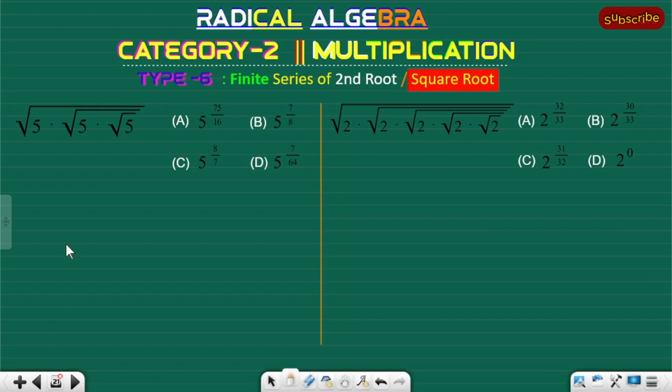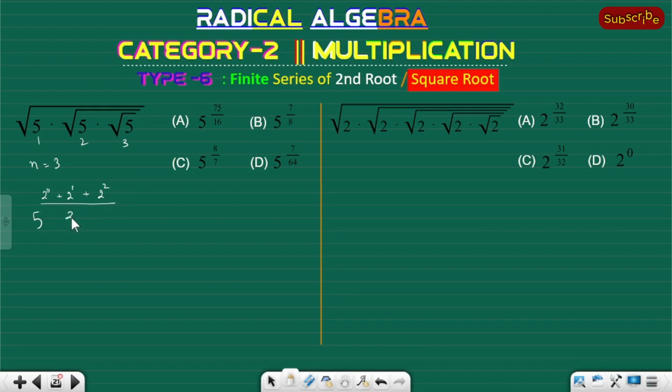Okay. Count the number of terms here. 1, 2 and 3. 3 terms, right? N equal to 3 here. So let's go by the traditional method. 5, give 5. Here what is this? Square root, right? So 2 raised to the power 0 plus 2 raised to the power 1. Up to 2 we have to go: 2 raised to the power 2, that is 2 square.